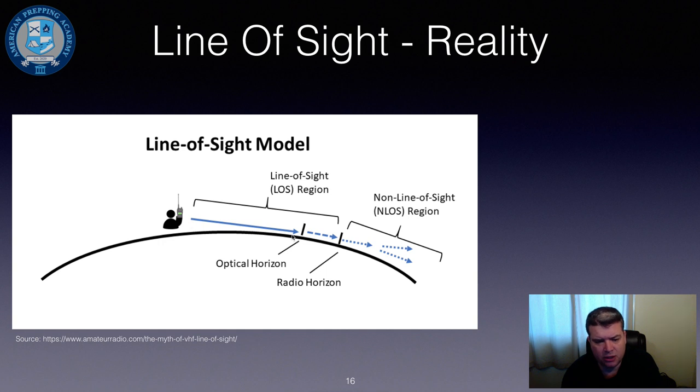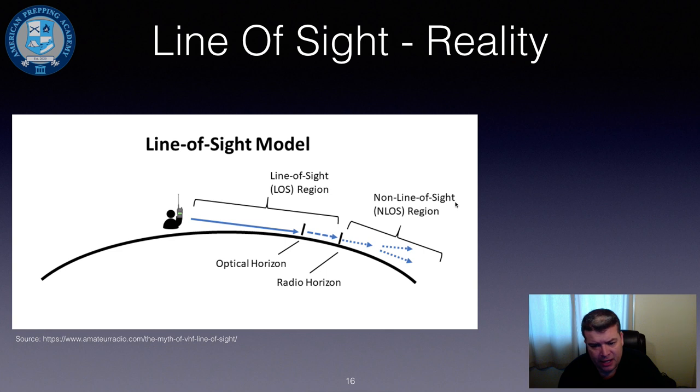If you can see your target, it's going to work good, most likely. And then you have from the optical horizon to the radio horizon. And that is just past your line of sight because radio waves, like we were showing earlier, tend to try to follow the ground level to a certain degree.